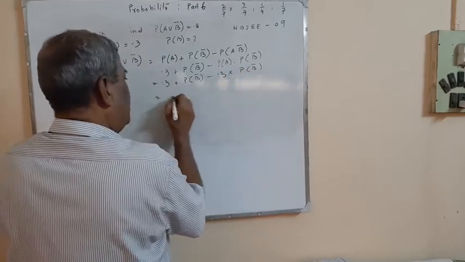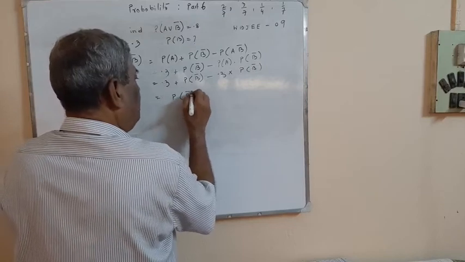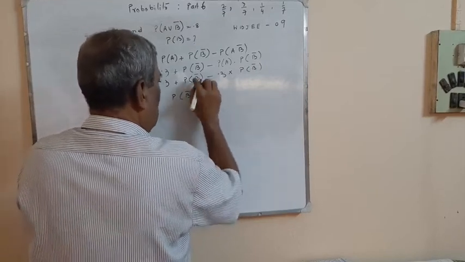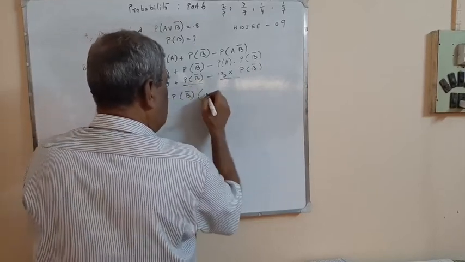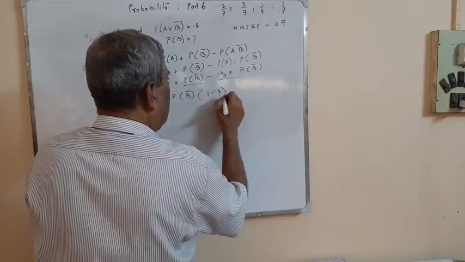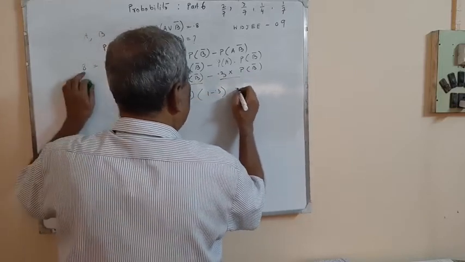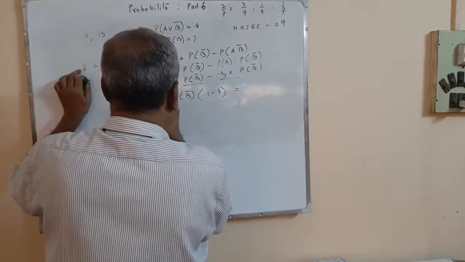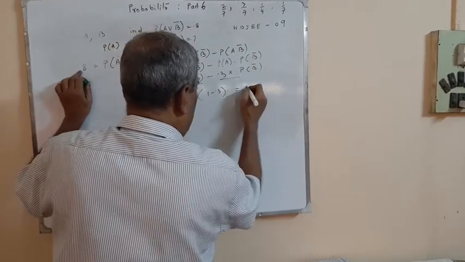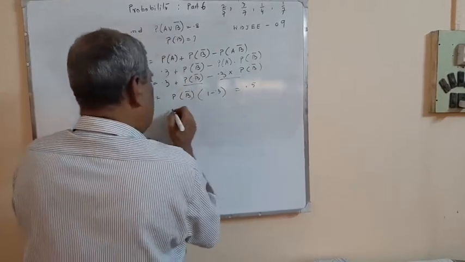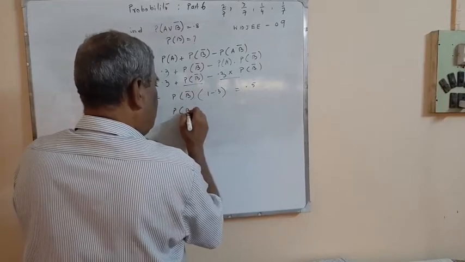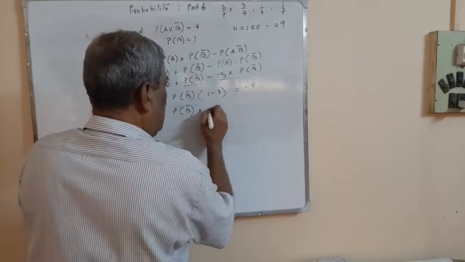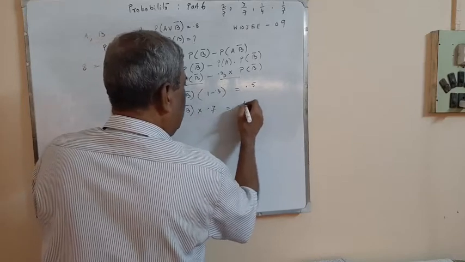Taking P(B bar) common, it is 1 minus 0.3, which is equal to 0.8 minus 0.3, that is 0.5. So P(B bar) into 0.7 is equal to 0.5.